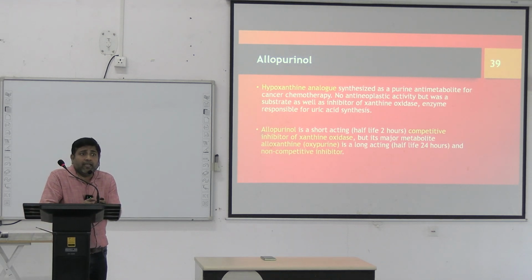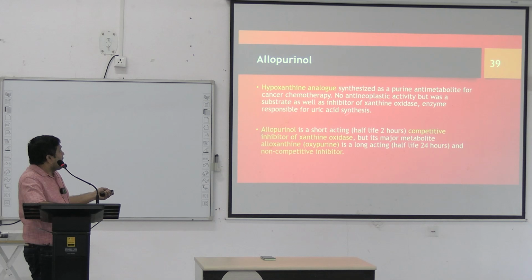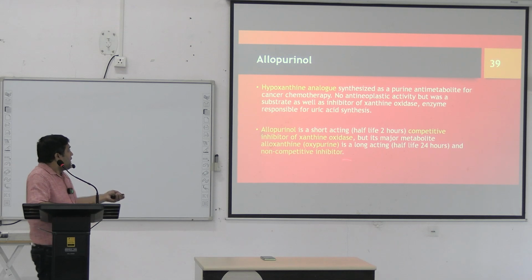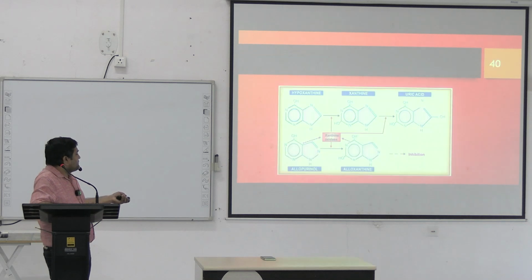Alloxanthine is a non-competitive inhibitor of xanthine oxidase and has a long half-life. So, allopurinol is a short-acting, half-life 2 hours, competitive inhibitor of xanthine oxidase, but its major metabolite alloxanthine, again produced by xanthine oxidase, is long acting, half-life 24 hours, and a non-competitive inhibitor.